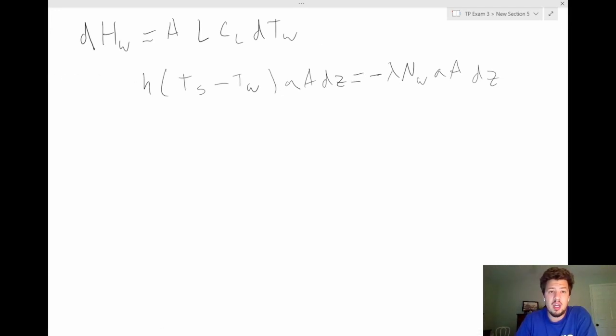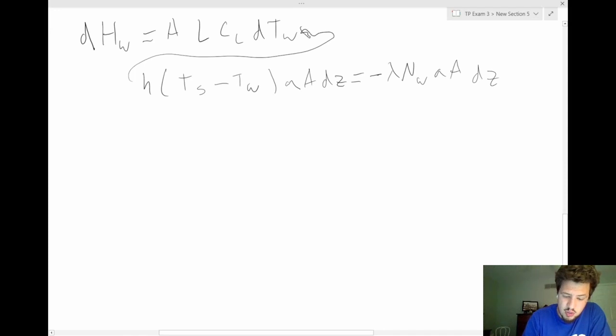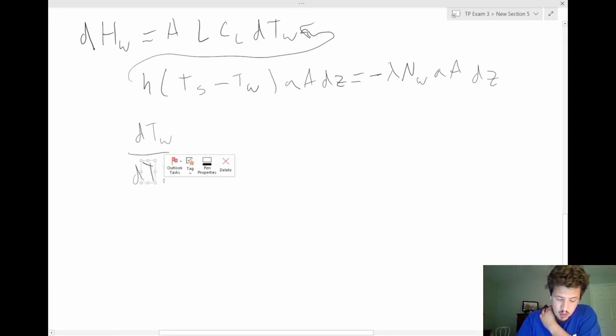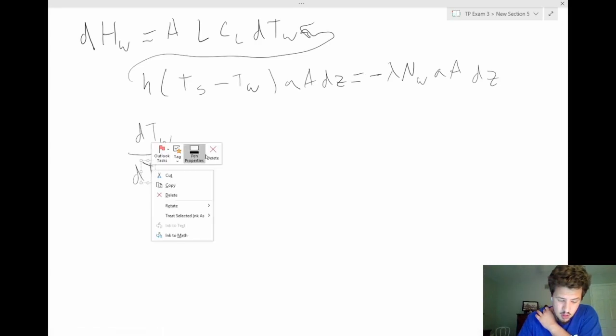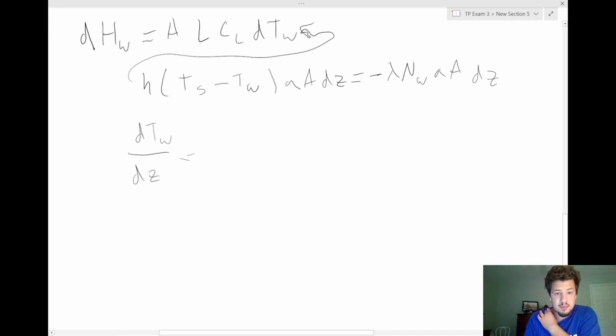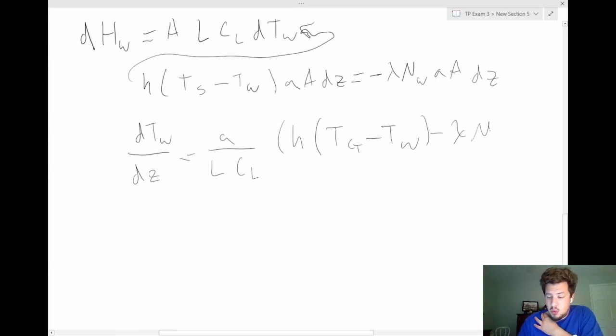Now, we want to simplify our equation, and we can quickly see by moving the change in temperature that the change in the temperature of the water over the change in position of the cooling tower is equal to the specific area divided by the liquid flow rate times the heat capacity of the liquid, times the heat transfer times the temperature of the gas minus the temperature of the water, minus the heat of evaporation and the molar flux of the water.